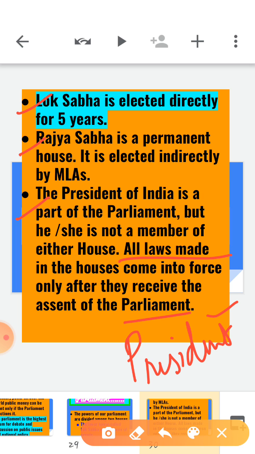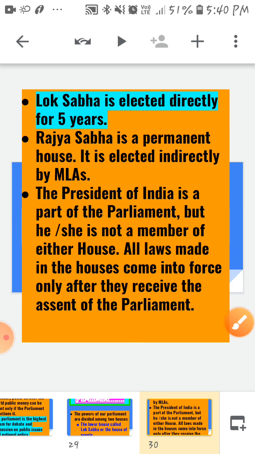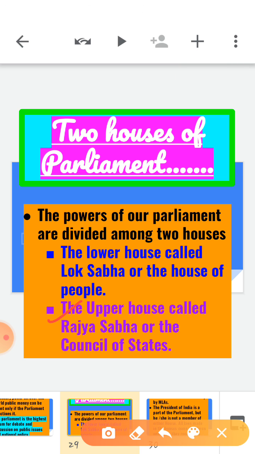Now, the question is which of the two houses is more powerful? It might appear that the Rajya Sabha is more powerful. Why? Because Rajya Sabha is the upper house, right? And Lok Sabha is basically the lower house.